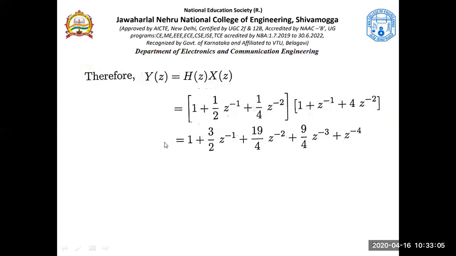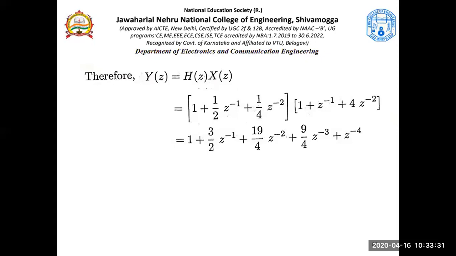Similarly, if you have delta of n minus 1, you can make a note somewhere if you're not able to imagine. If we have delta of n, the z transform is 1. If you have delta of n minus 1, the z transform is z inverse.